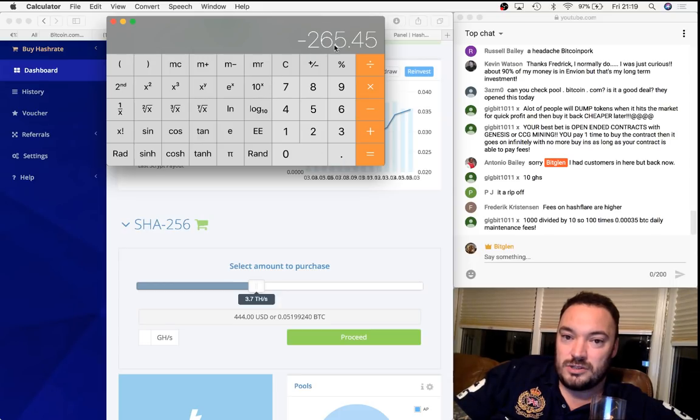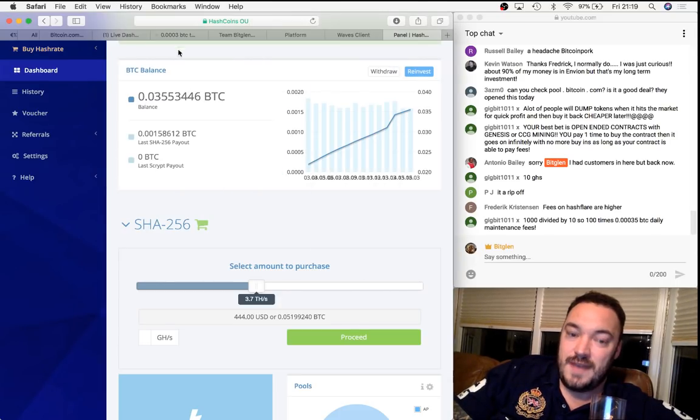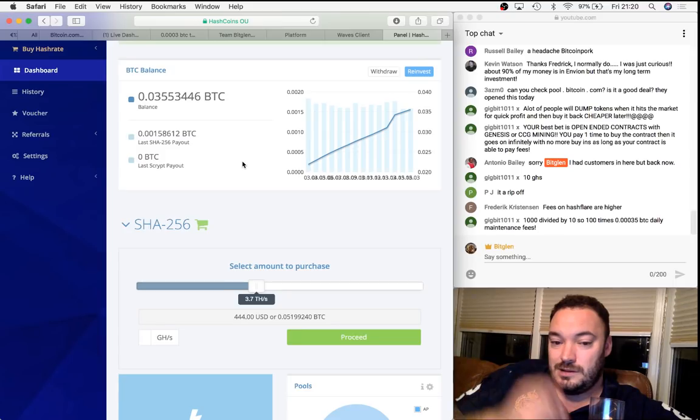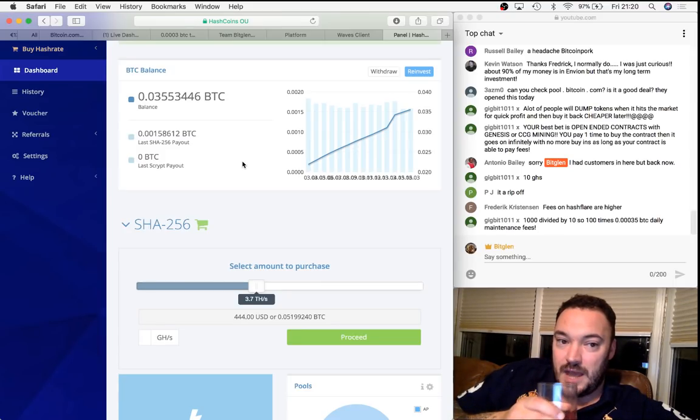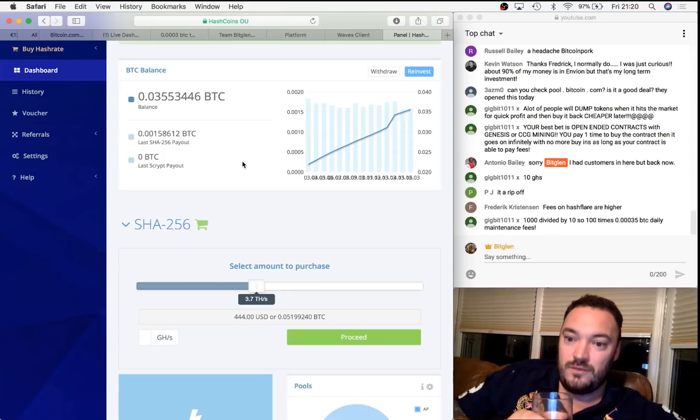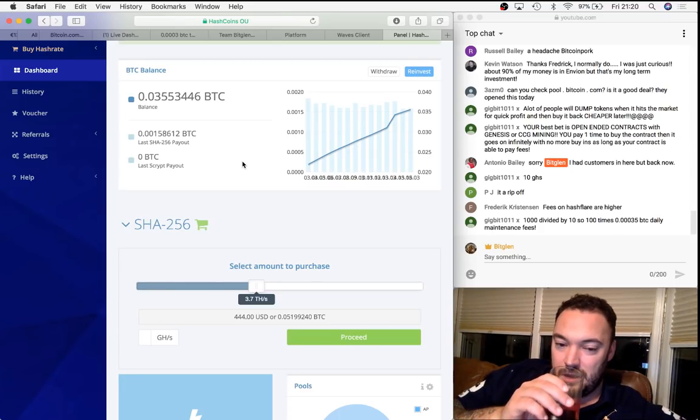So you're actually minus $265 using them as opposed to Hashflare. From my quick, brief understanding of that website to be correct.